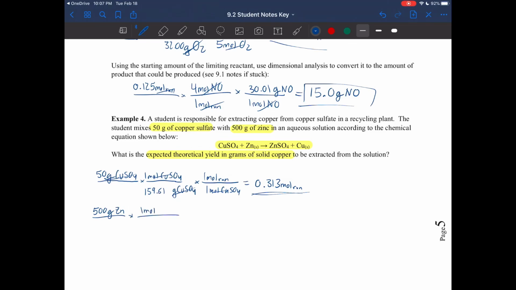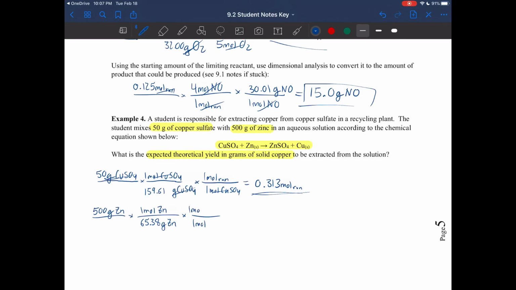In every 1 mole of zinc, there is a certain mass of zinc. I've got to figure out that molar mass based on a periodic table. I'm getting 65.38 grams of zinc in each mole. And according to our balanced chemical equation, the coefficient is just 1.